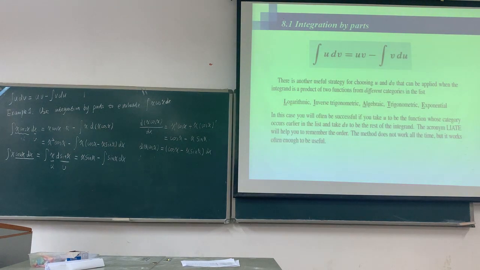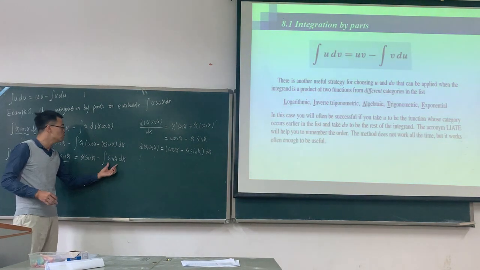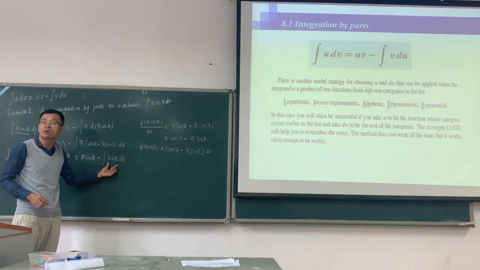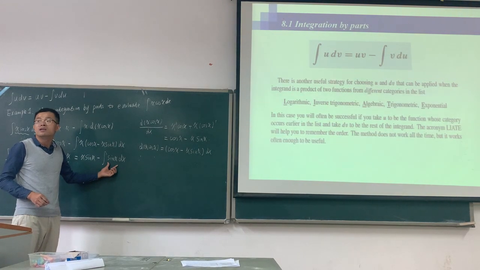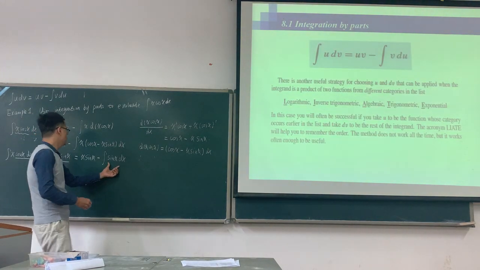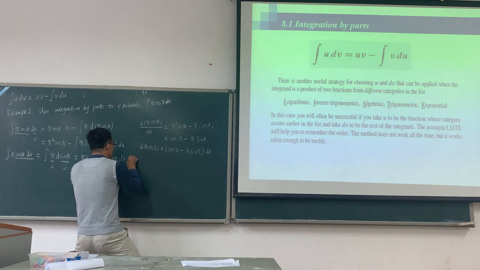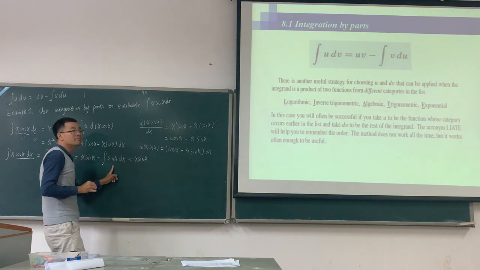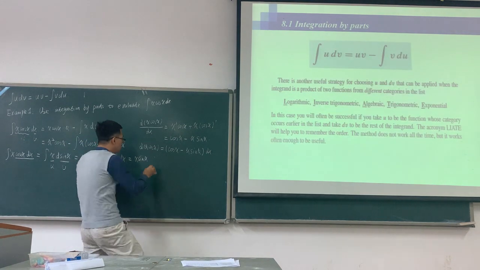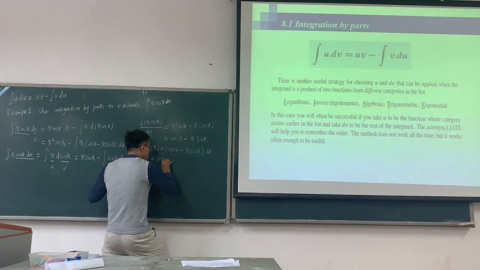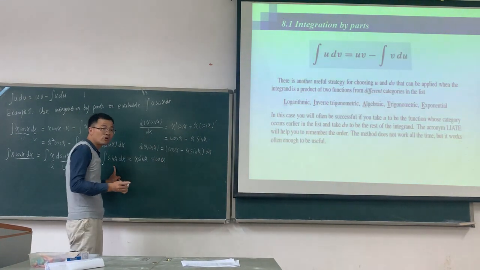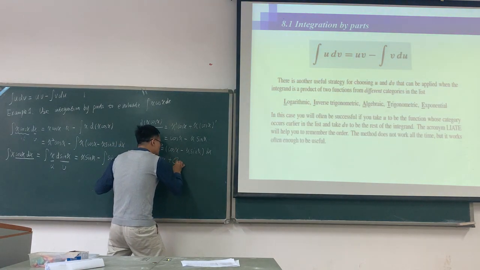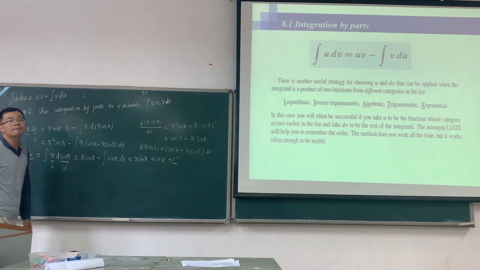And now the antiderivative of sine x is minus cosine x. So the result is x sine x minus minus cosine x, so plus cosine x. And do not forget here we have a constant.